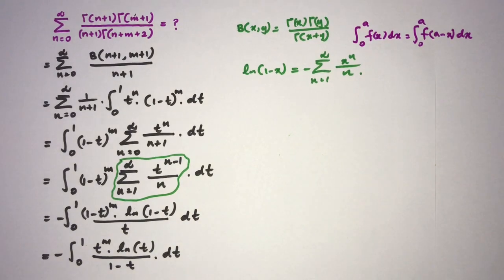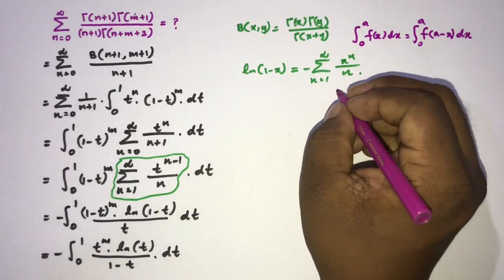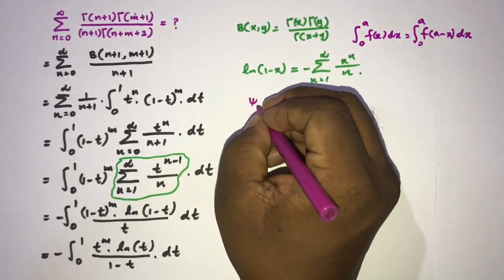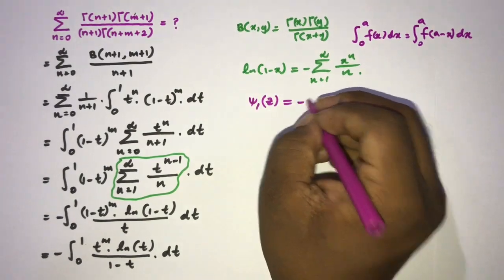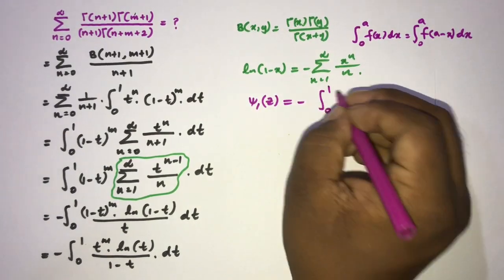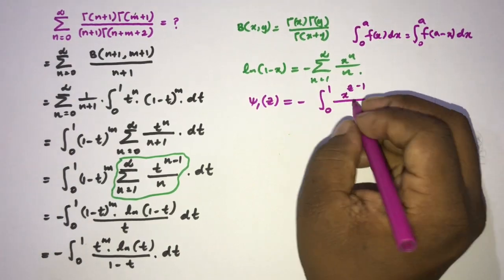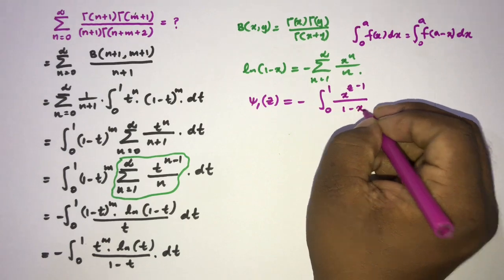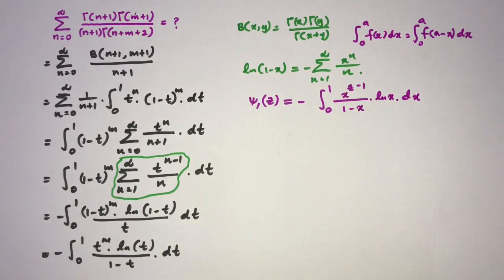Then I think this integral is familiar to you, because we know the integral representation of the trigamma function. Trigamma of z is equal to minus the integral from 0 to 1 of x to the z minus 1 over 1 minus x times natural log of x dx.